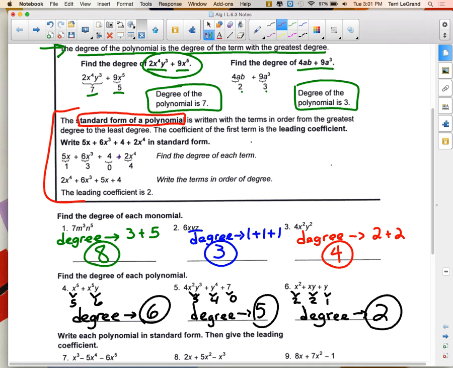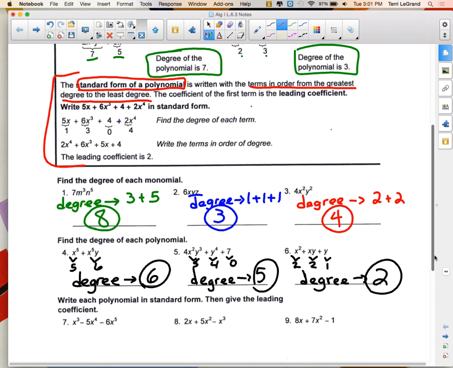When you are told to write a polynomial in standard form, they're telling you to take the terms and order them from greatest degree to least degree. You take every monomial term and rearrange them so that the one with the largest degree gets to be first, the next largest gets to be next, and so on down the line. Then it will be in standard form.